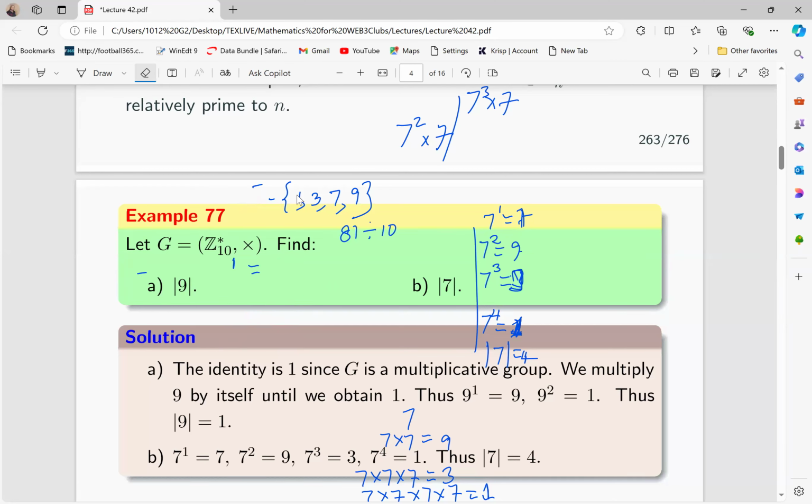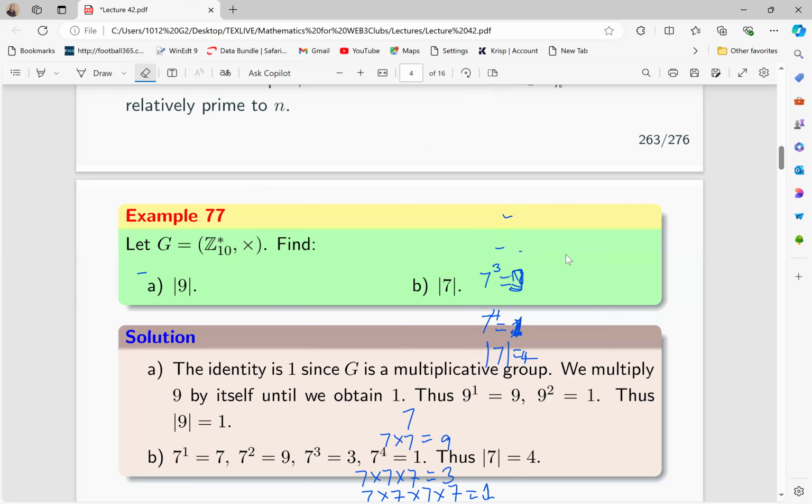Now, so we've just been finding, for instance, the order of 9 and the order of 7, which this question asks for. Someone else will ask for the order of other elements or of all the elements, and it's important for you to get it. These orders are very important when we're looking at primitive roots, which are very applicable in cryptography.